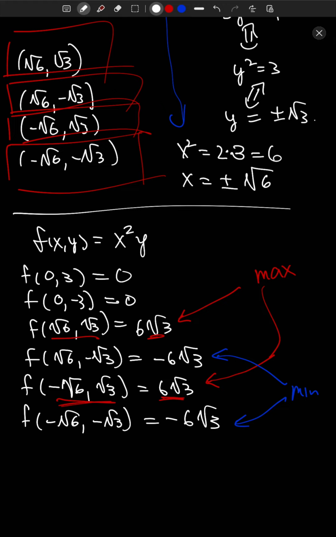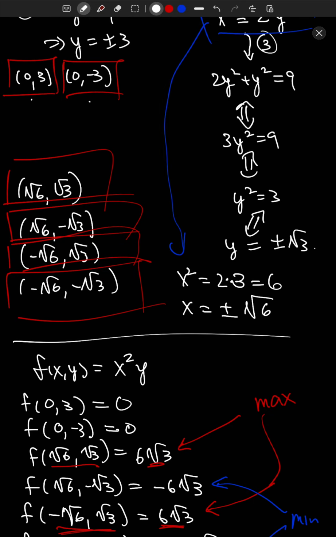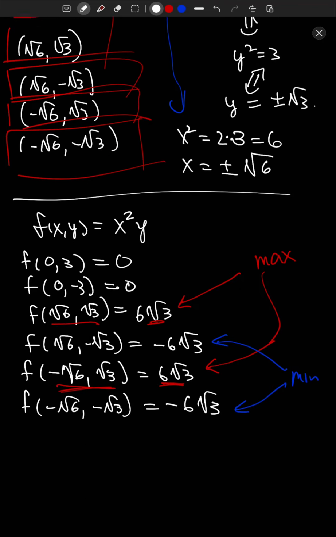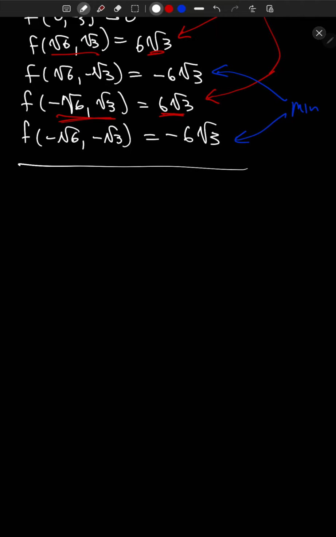So let me talk about a few things. Before we do that, notice I didn't actually bother to write down what lambda was in my computations when I found x and y's, because I don't care, right? I don't care what lambda is. I'm only looking for x and y, right? Okay, so a couple things.